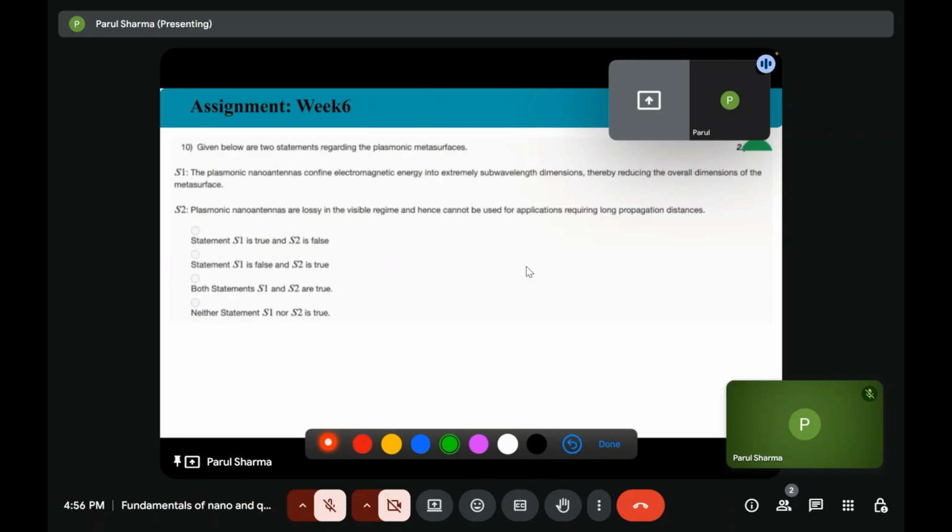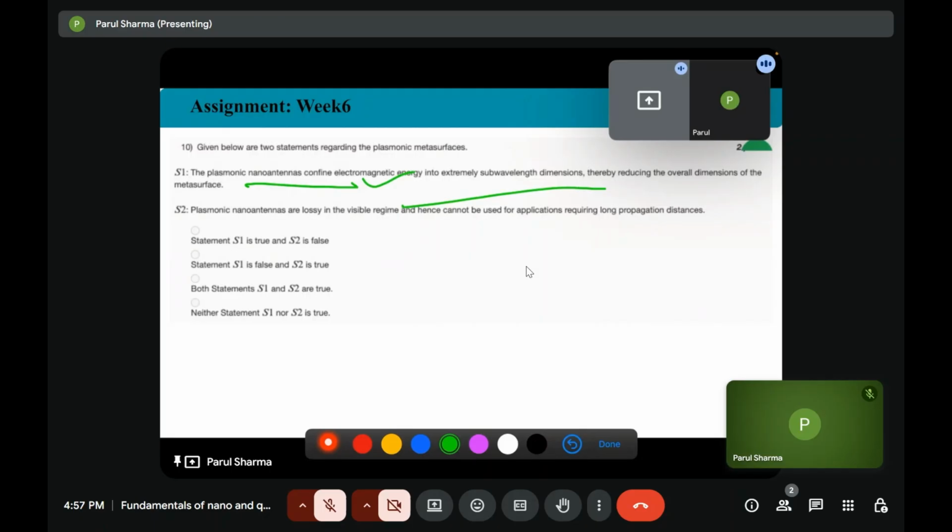The second statement is that plasmonic antennas are lossy in the visible region and hence cannot be used for applications requiring long propagation distances. The first statement is correct, since we fabricate the nano antennas small to confine the EM wave in subwavelength dimensions, and it also minimizes the size of the metasurface.